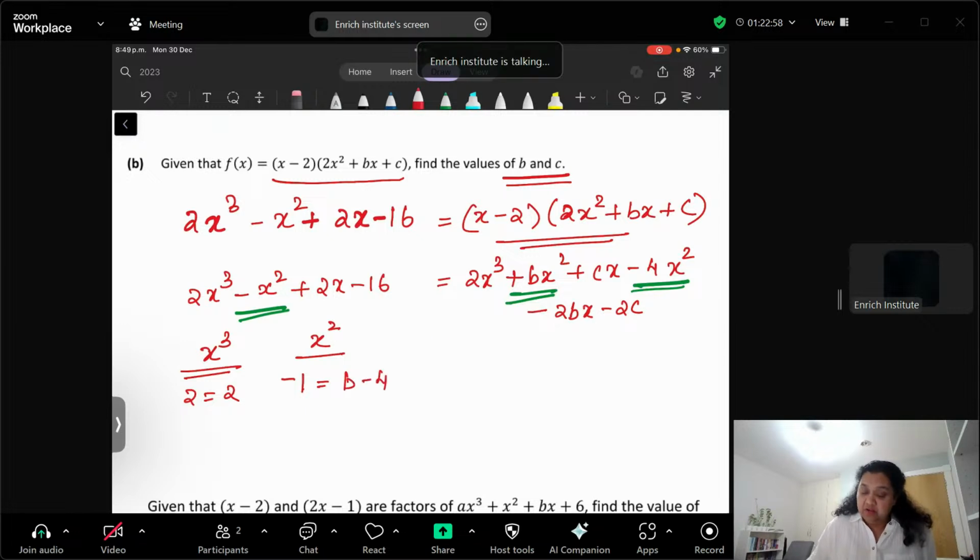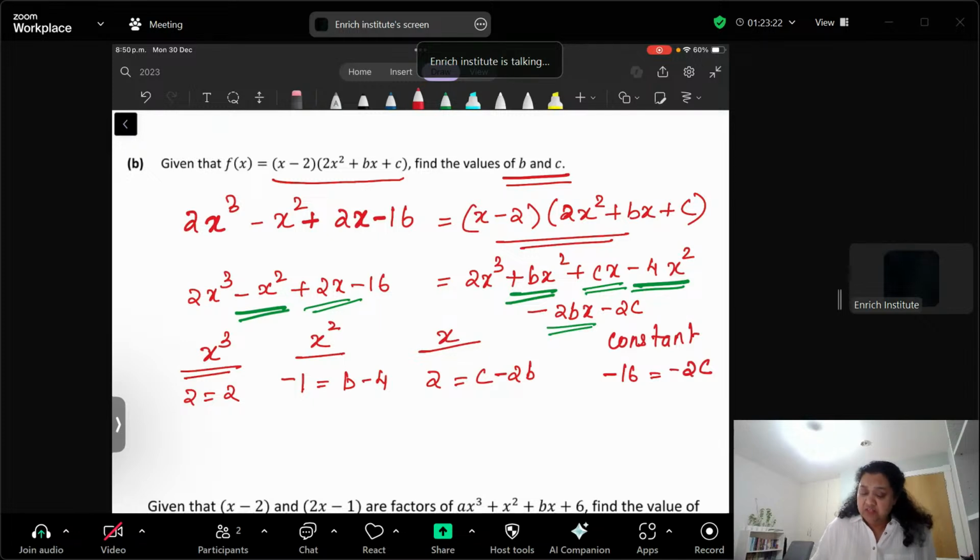And then I equate the x term, which is 2x and cx and this one. So I will write this as 2 is equal to c minus 2b. Am I correct? Yeah. And then the constant, minus 16 is equal to minus 2c.